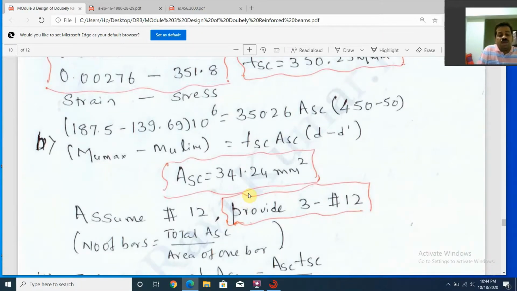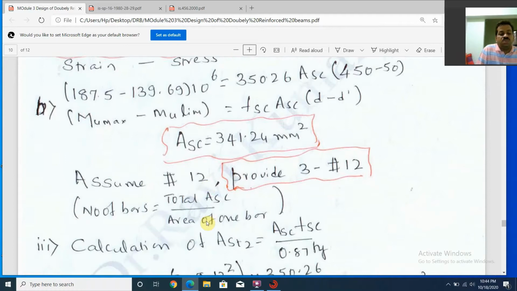With this, I gave guidelines: if the area of steel is from 0 to 500, take 12 mm; 500 to 1000, take 16 mm; 1000 to 2000, take 20 mm; 2000 to 3000, take 25 mm; and if it is more than 3000, take 32 mm. With this idea, assume 12 mm now and find the number of bars. That's the procedure that has been done here.